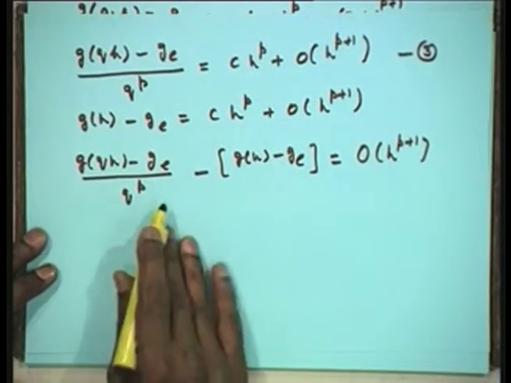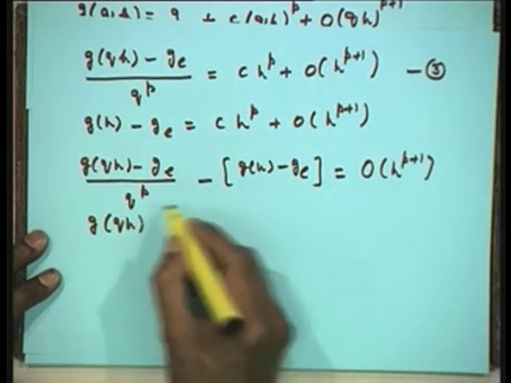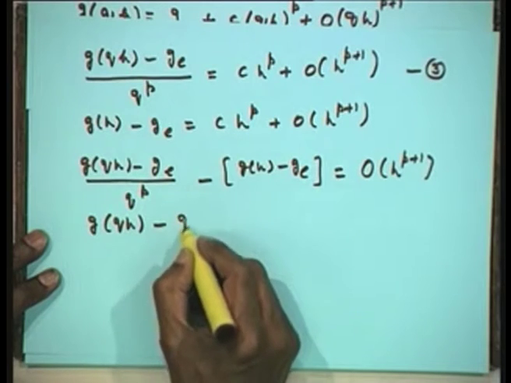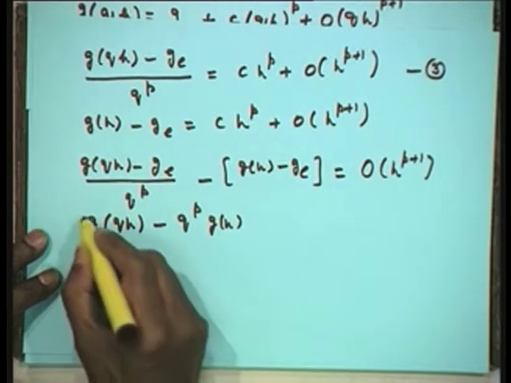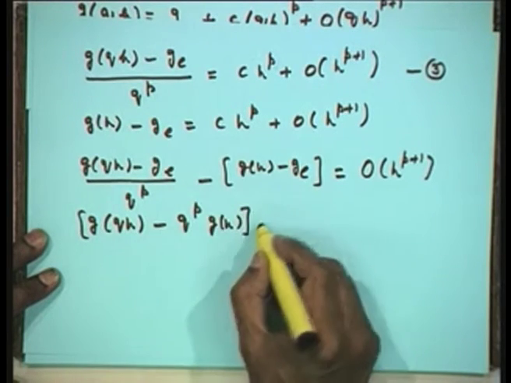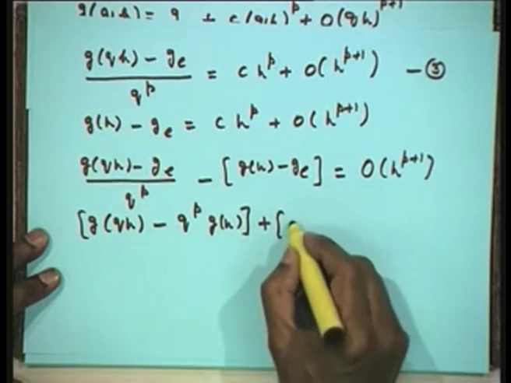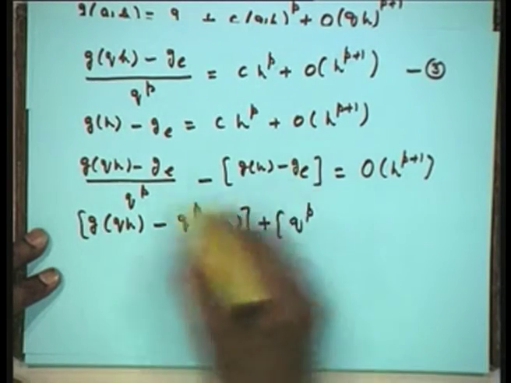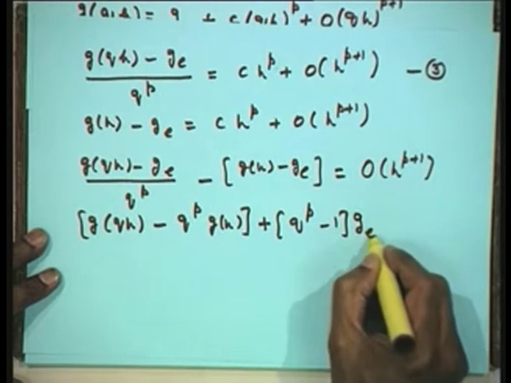Now, let us simplify this. This is G q h minus, I will first write this q to the power of p into G of h. I multiplied this and combined this, then this is plus q to the power of p into G of e minus 1 of G e.